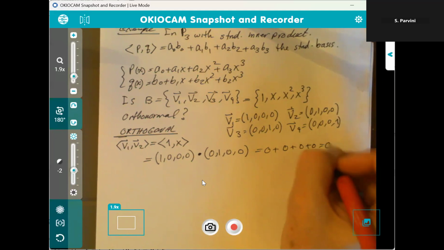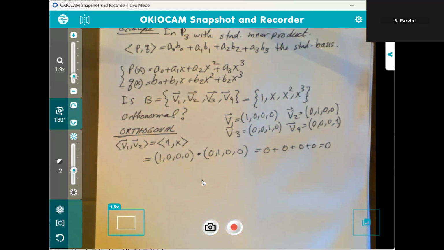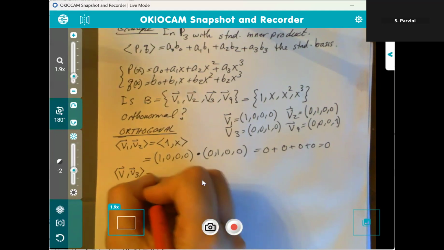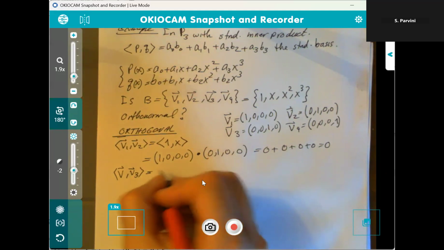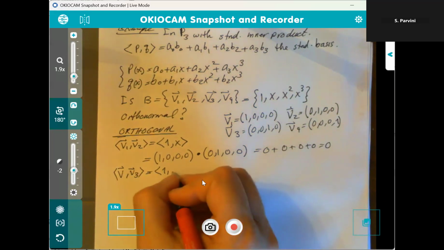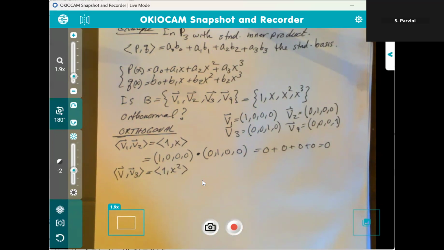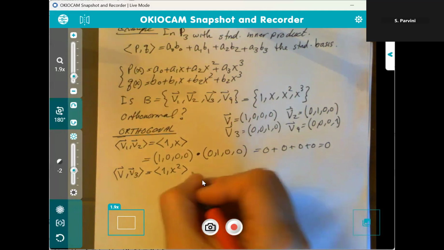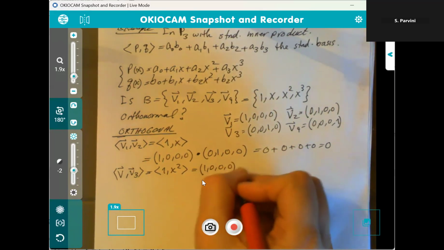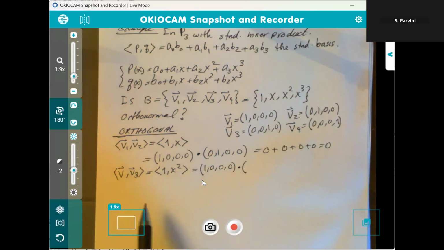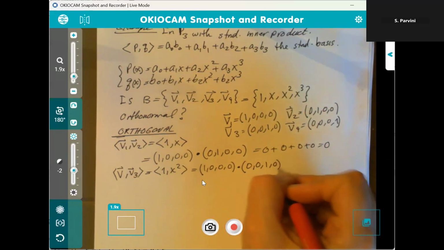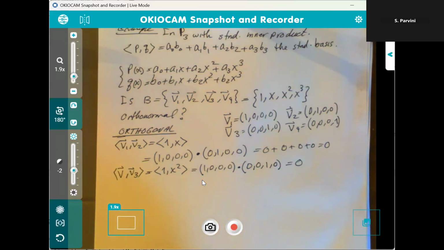Those are zeros. That dot product is 0. If I look at V1 and V3, the inner product of 1 and x squared, that means 1, 0, 0, 0, dotted with V3, which is 0, 0, 1, 0. And this dot product, you can see, is 0.